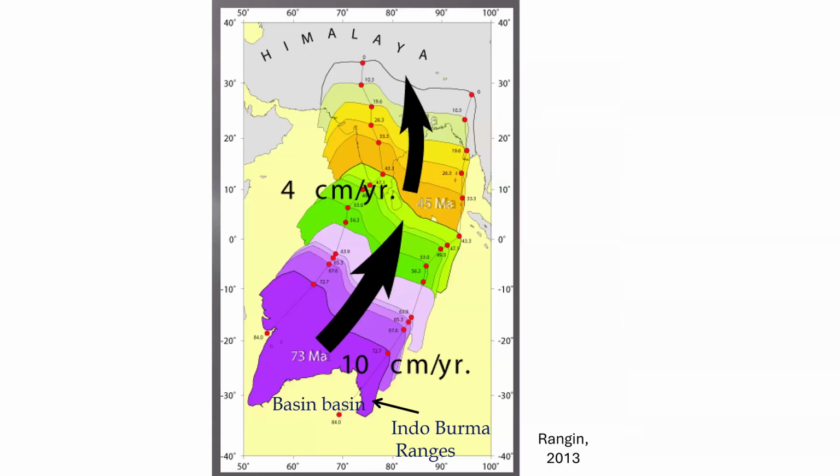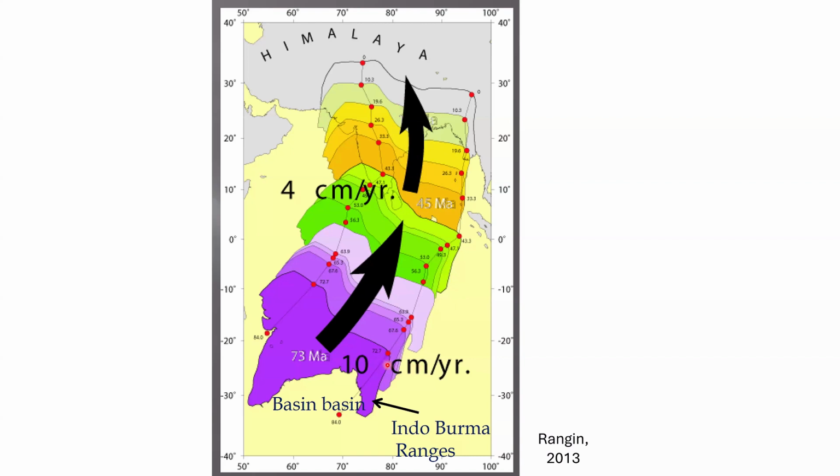This is a quick diagram put together by Claude Rangin a few years ago that shows overall the motion of the Indian plate from about 73 million years ago, moving up to the north at about 10 centimeters a year until about 45 million years ago when the collision first started. Subduction slowed down, collision slowed down to about 4 centimeters per year.